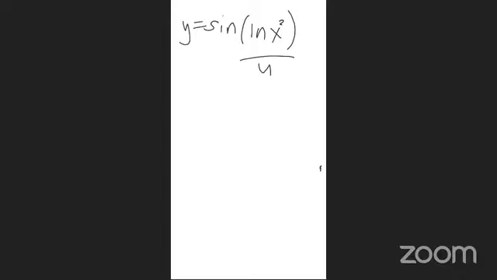Since the degree of the sine here is one, a trigonometric function, we can solve it using the formula. So y prime. What is the derivative of sine? Cos, right? Cos u du. So cos ln x squared times the derivative of ln x squared.